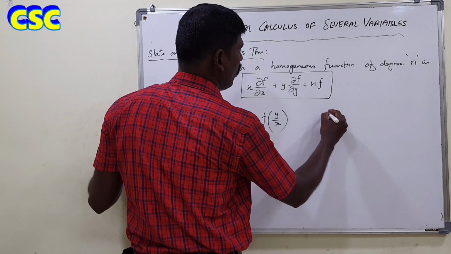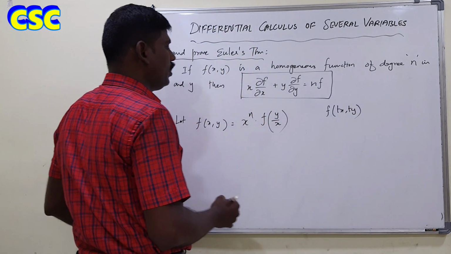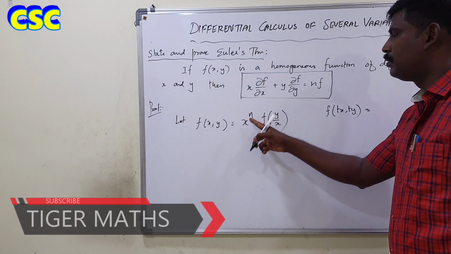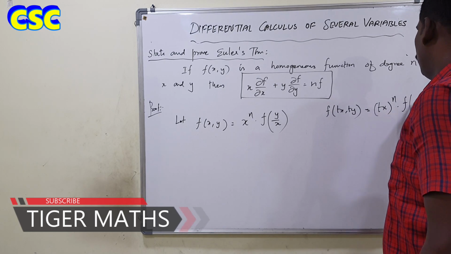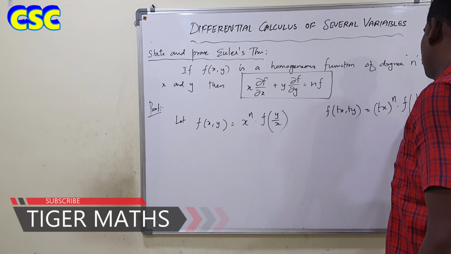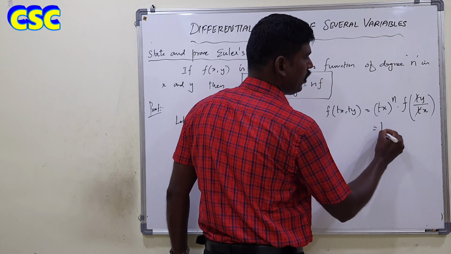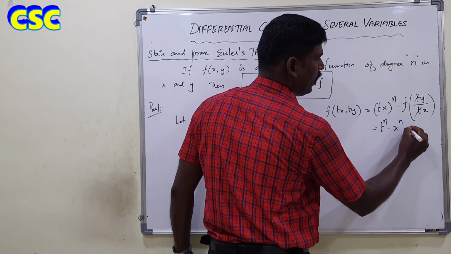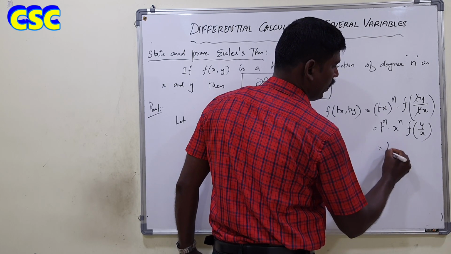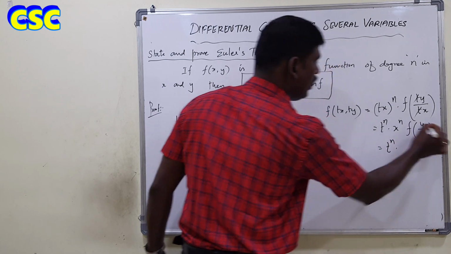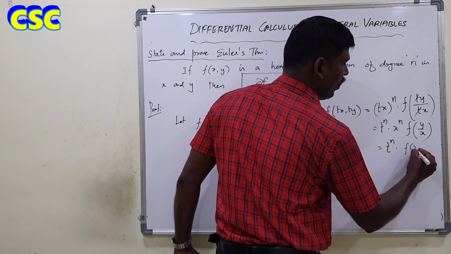Let us check it. What is f of tx comma ty? By substituting x by tx and y by ty, we get tx power n into f of ty by tx, and we can cancel that t with t. This can be split into t power n into x power n into f of y by x. Right? So t power n into x power n into f of y by x, and x power n into f of y by x is nothing but f of x comma y.